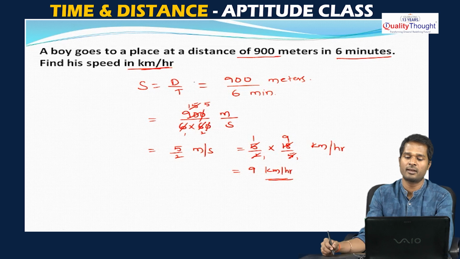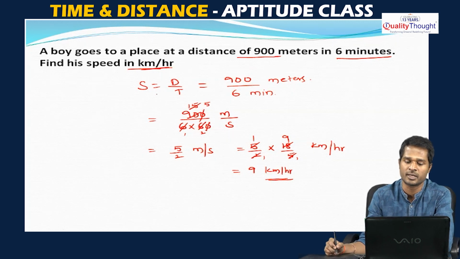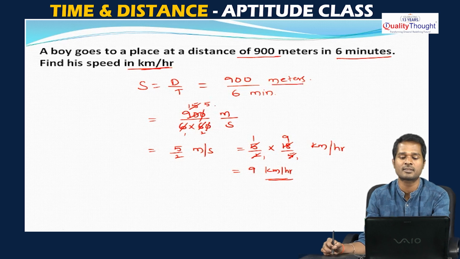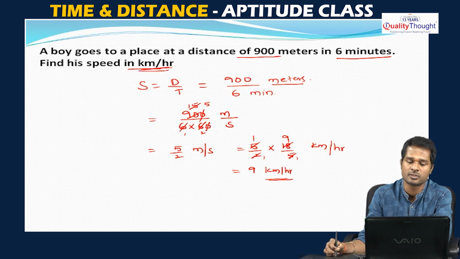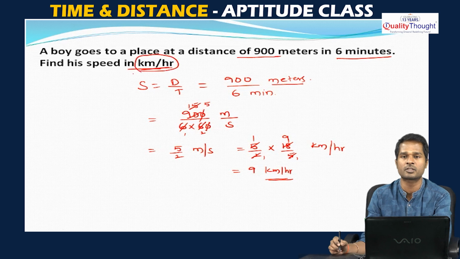So what we have done: he has given 900 meters as the distance, the time is 6 minutes. Whenever the distance is in meters, the time should be taken in seconds. So 900 meters by 6 minutes is 6 into 60 seconds. So 0 will cancel, and we get 5 by 2 meters per second as the speed, but he asked to calculate in kilometers per hour.